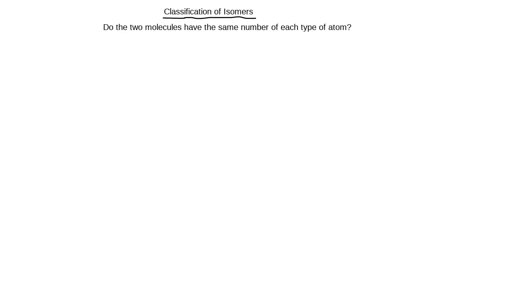If the answer is yes, then we have to ask ourselves another question. If the answer is no, then they're not isomers. If the answer is yes, then the next question we have to ask is, do the atoms have the same connectivity?